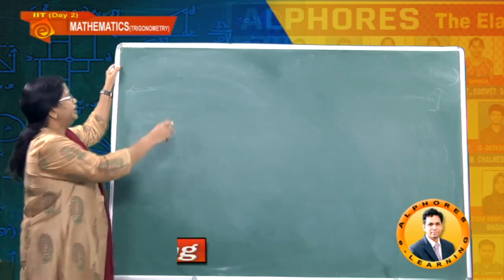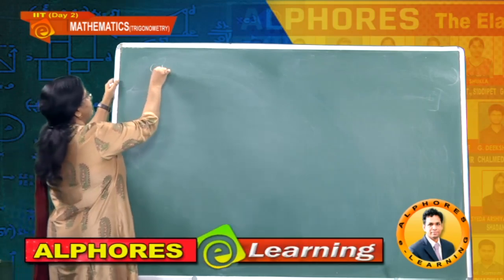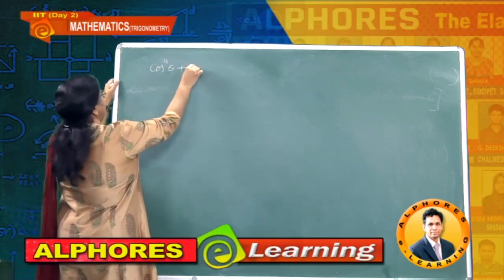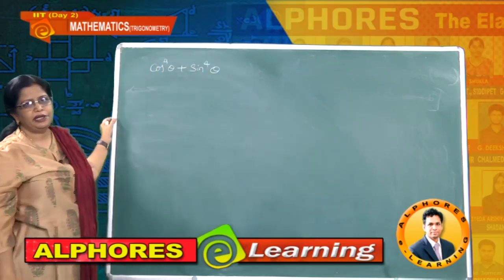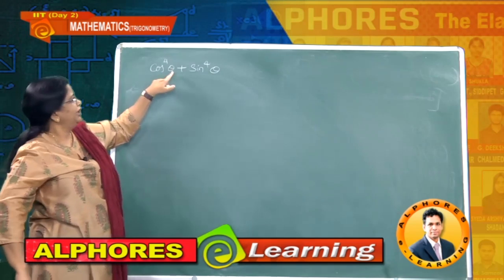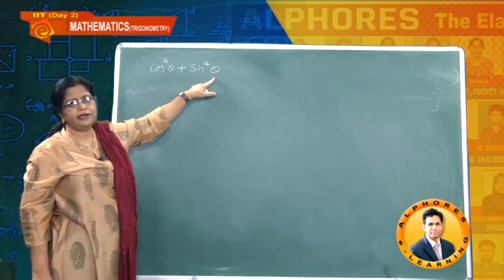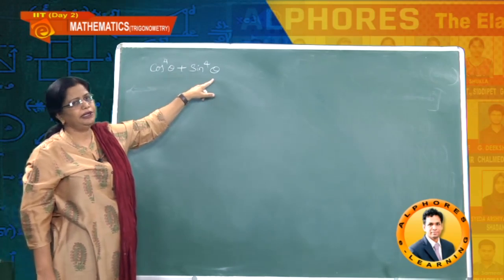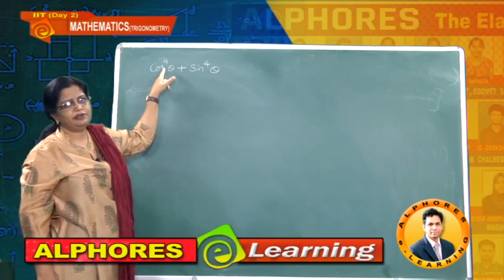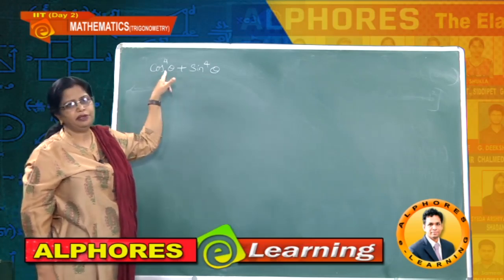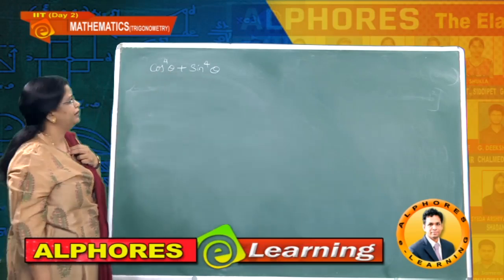That's why. So let us start with cos to the power 4 theta plus sin to the power 4 theta. Whenever I write this value, you understand theta is any real number, because cos is there, sin is there. Yesterday we observed that theta is applicable for any real number.